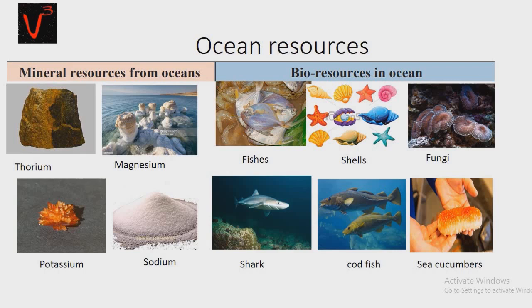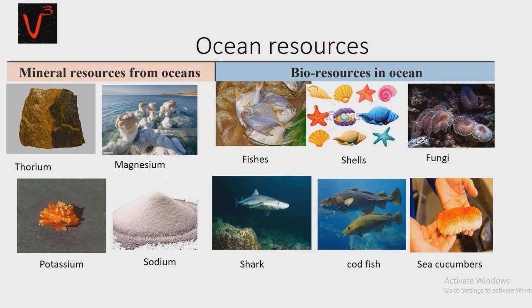Mineral resources from oceans are thorium, used in the production of atomic energy. Magnesium, used in the flash bulb of a camera. Potassium, used as the main ingredient for soap, glass, fertilizer. Sodium, used in the production of cloth and paper.